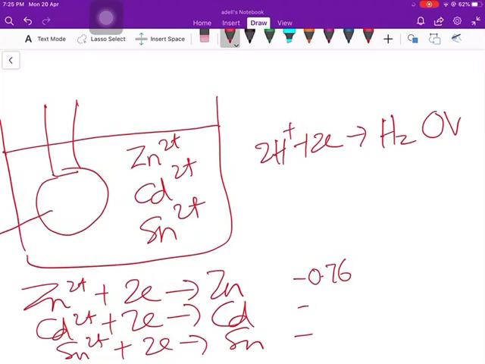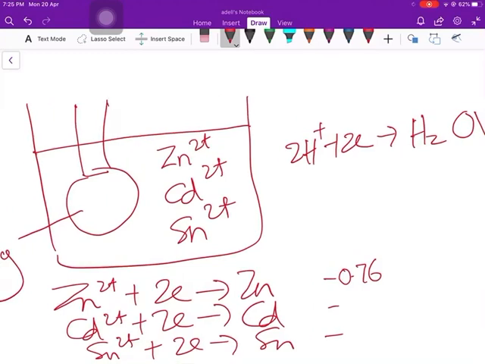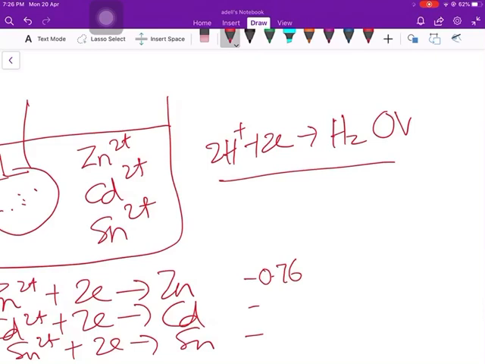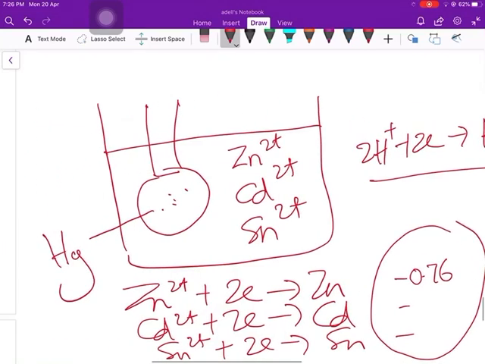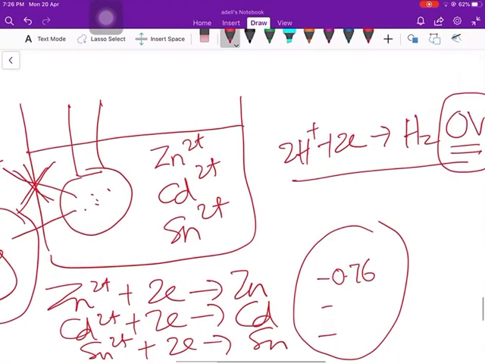So logically, if you use platinum as the electrode here, it is easier to form hydrogen gas because the reduction, the higher in the series, 0 is higher than this value, so it is easily reduced at the cathode. But if you change this electrode, instead of platinum, you use mercury.